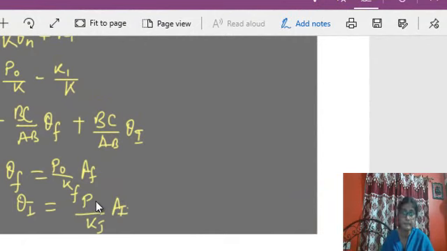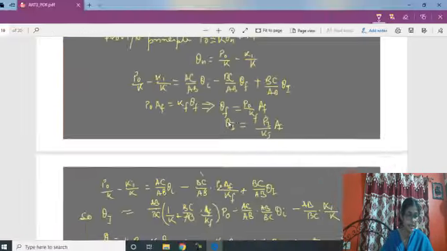So this Pi is equal to Ki by Ai into θI.